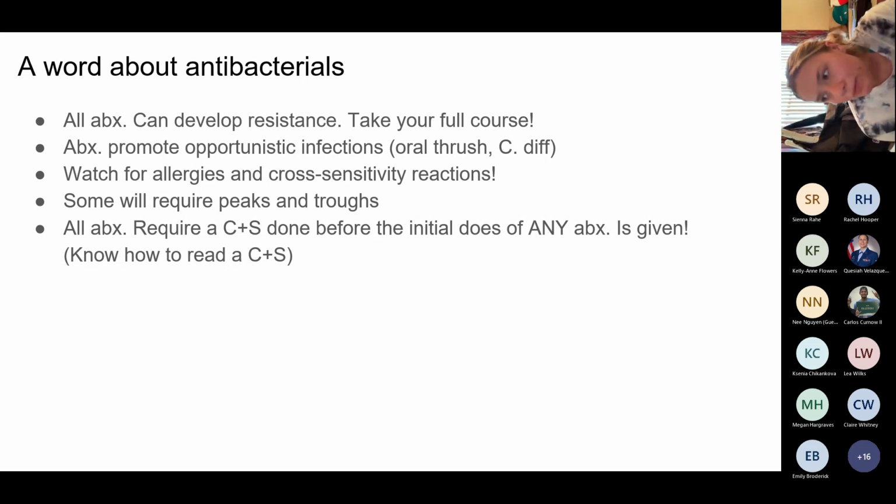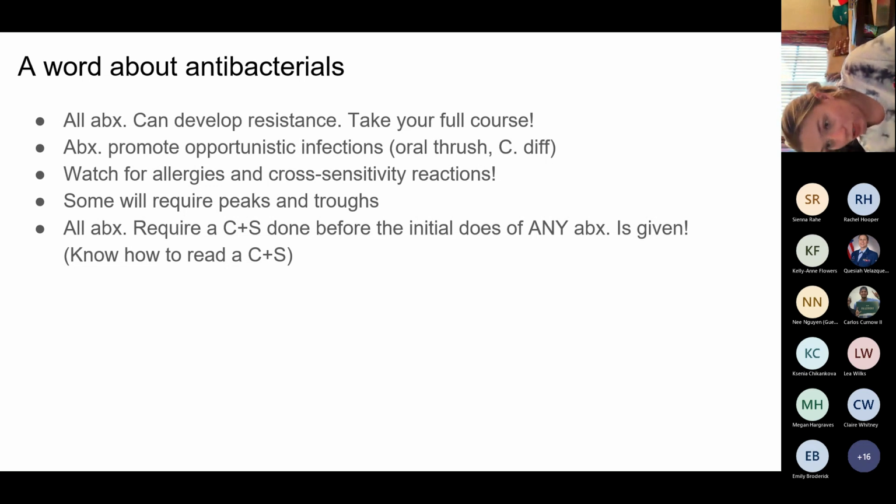Additionally, what can happen with antibiotics, especially in overuse, is we can have some opportunistic infections and we can have some super infections. So we all have bacteria in our bodies. We give our patient a very broad spectrum antibiotic. There's a good chance that it's also going to take a little bit of my natural biome with it. So what happens when I get rid of some of my natural bacteria?